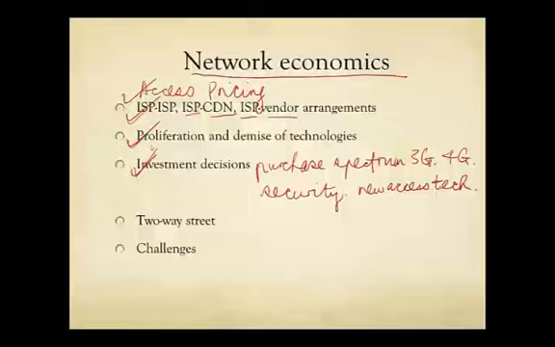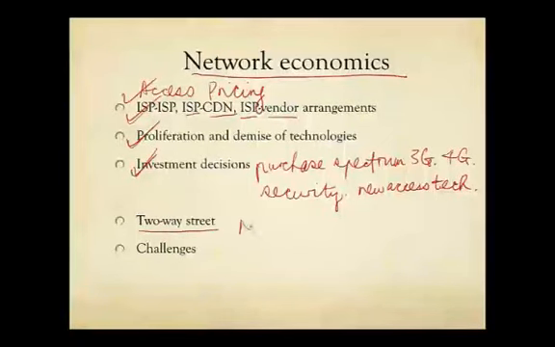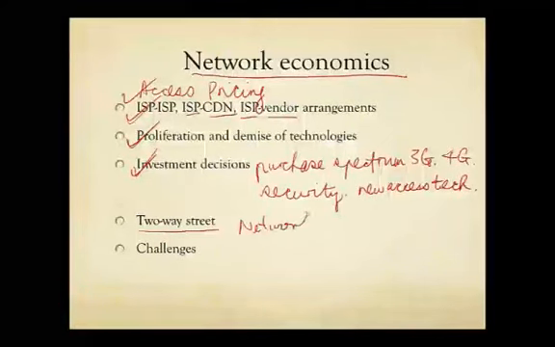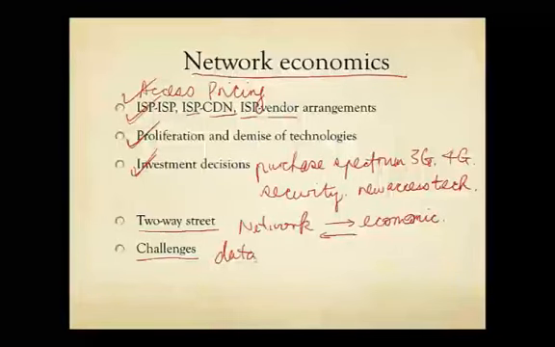And this field is interesting in part because it's a two-way street. New network technologies can rewrite the balance equations in the economic modeling. At the same time, economic forces shape the rise and fall of network technologies. It is also a challenging field, mostly because data is very difficult to obtain.